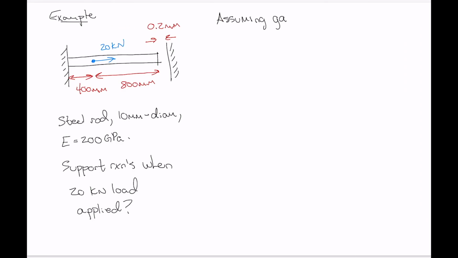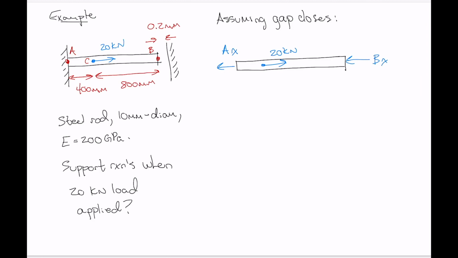Assuming that the gap closes, we have a free body diagram that looks like this, where we've got our 20 kilonewton load, and we'd have Ax pulling back that way, assuming that this is point A. Let's make this point B, and we'll make this point C where that 20 kilonewton load is applied. Then we've got Bx acting back that way.